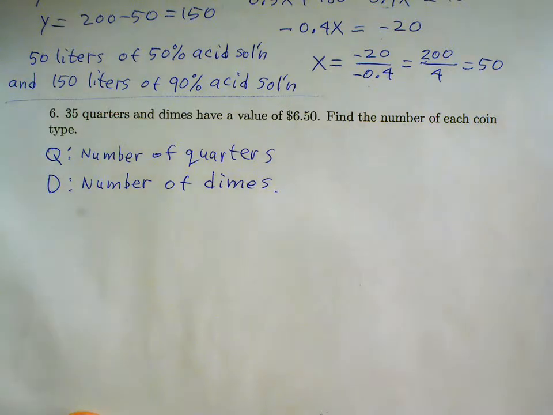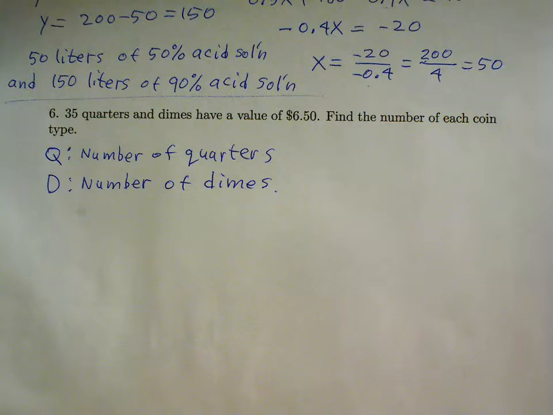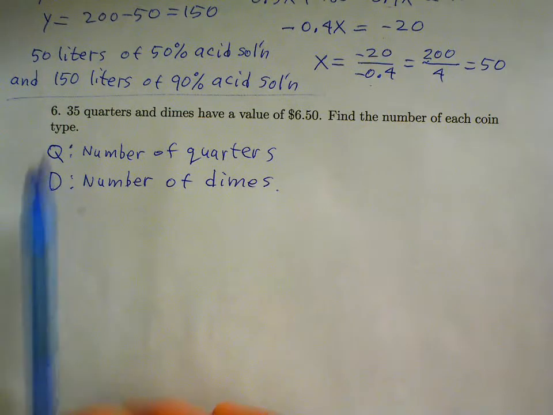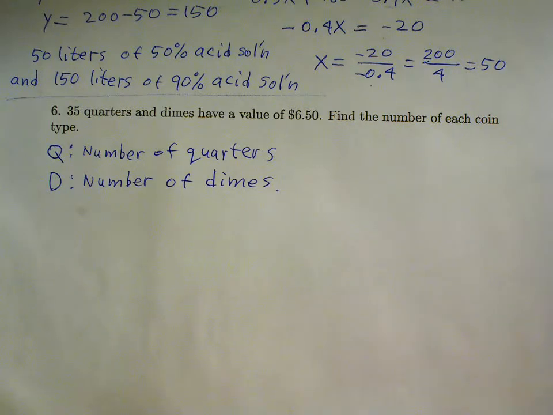So this one, let's just set up the system of equations and then go to the next problem and set up that system. Okay, so I have Q quarters and D dimes. So what's one of the equations in the system?